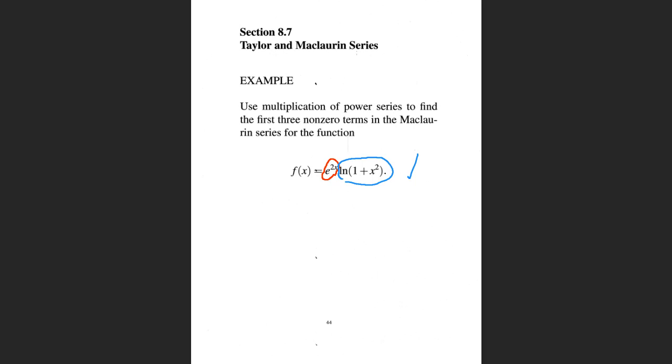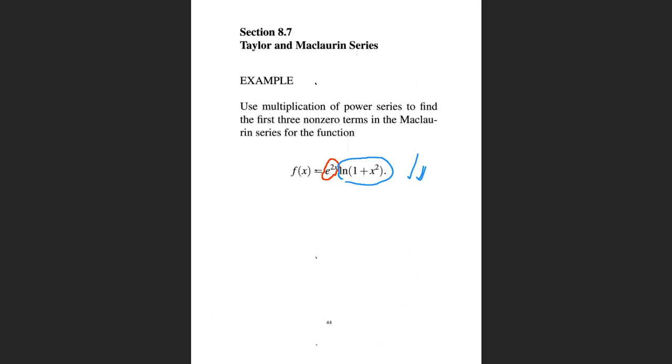But that could be difficult because the derivatives are going to grow in size. The first derivative would use the product rule, but then the second derivative, you're going to have to use the product rule twice, and then it's just going to build. And so it's not an easy way to go.